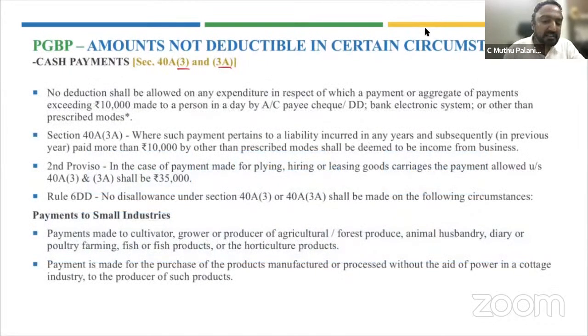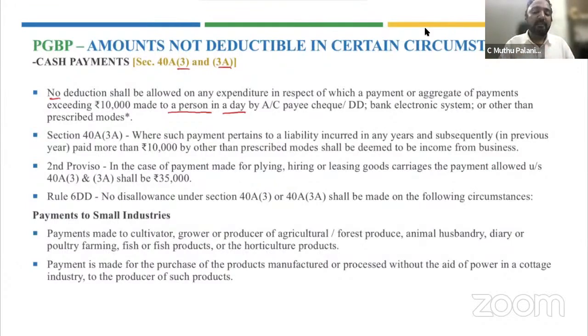Now 40A3 and 40A3A are more or less the same thing. The only thing is the limit of rupees 10,000: for any payment above 10,000 to a person in a day, no deduction shall be allowed. Up to 10,000 is okay. So if I'm giving to 3 people 8,000 each, it is allowed.